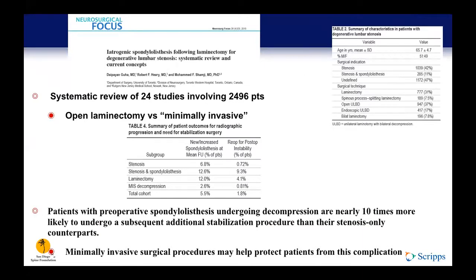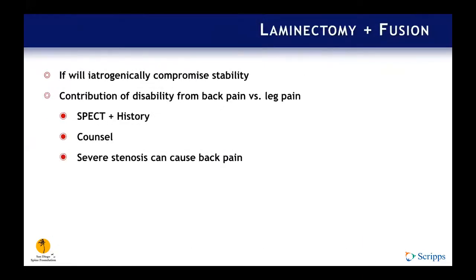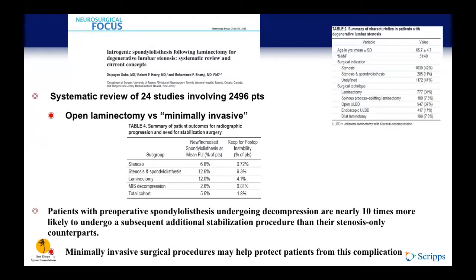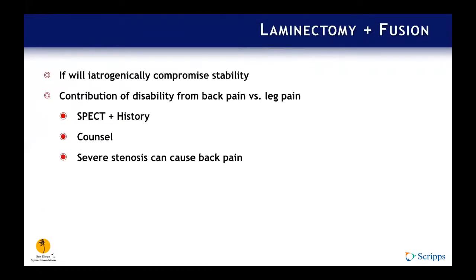They stratified the patients, and they found that minimally invasive surgical procedures can help protect patients from requiring surgery for spondylolisthesis that may happen, which is a reasonable concern because causing iatrogenic spondylolisthesis may happen even if you're maintaining a significant amount of the facet joint, just because of the degeneration you're causing.